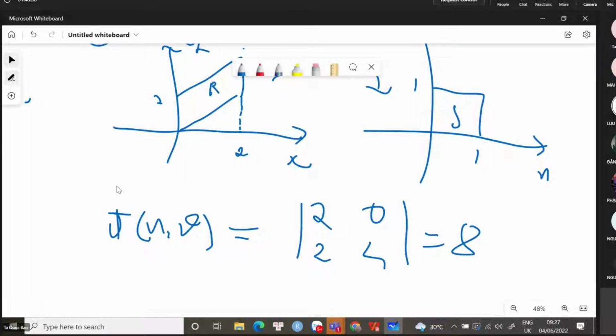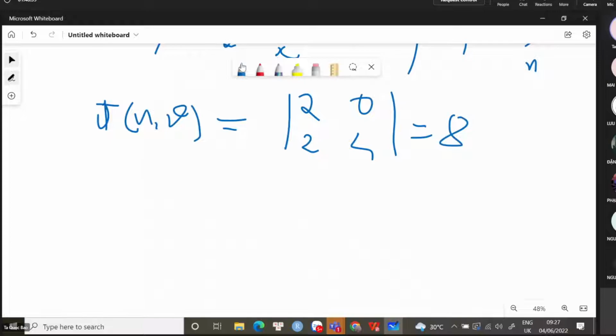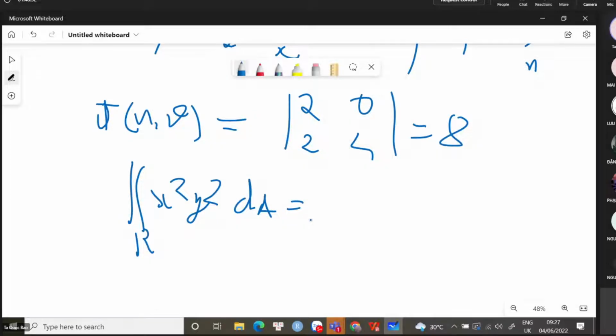Then the integral over R of x power 2, y power 2 dA becomes 4 times the integral from 0 to 1 of u power 2 times (2v plus u) dv du.